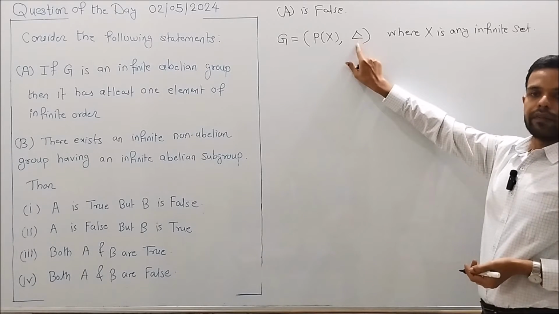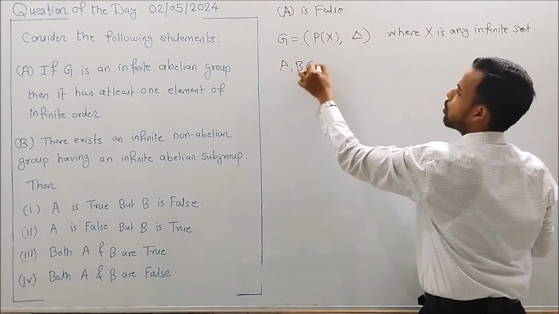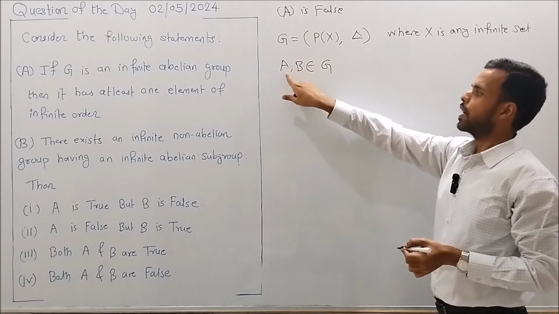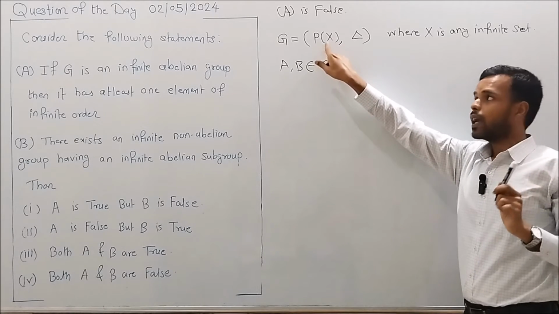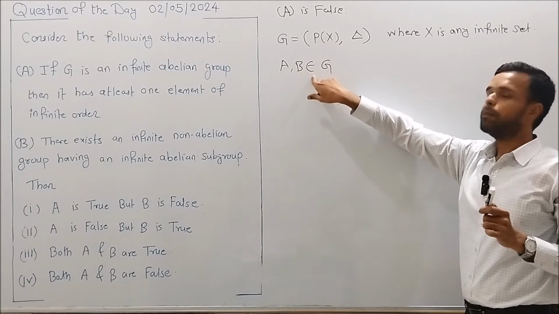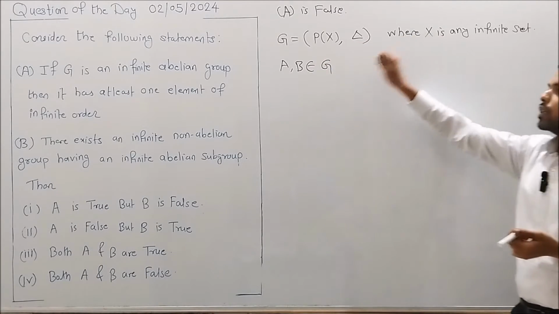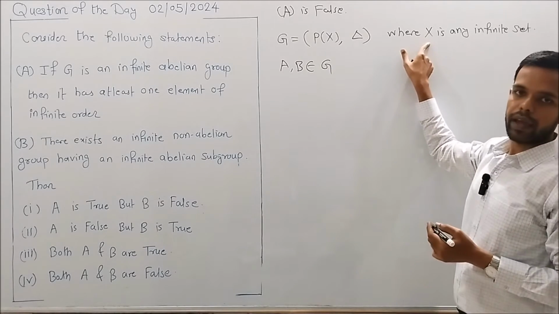The operation symmetric difference is given for A, B belonging to G. That means A and B are elements of the power set of X, and that means A and B are subsets of this set X.